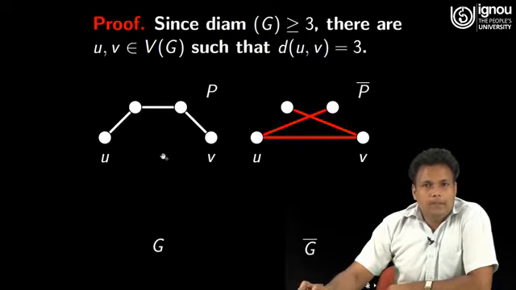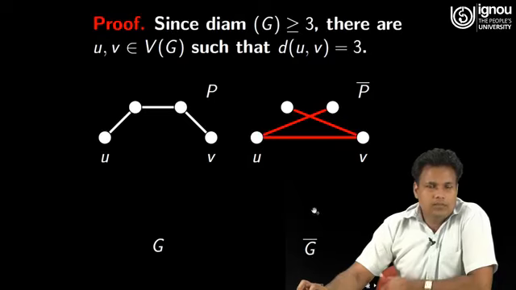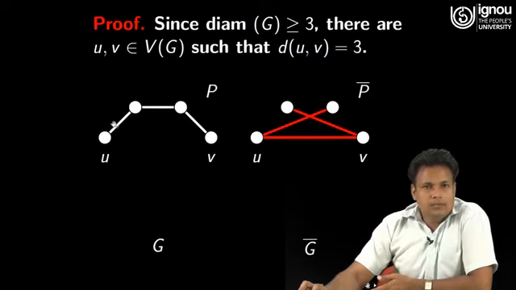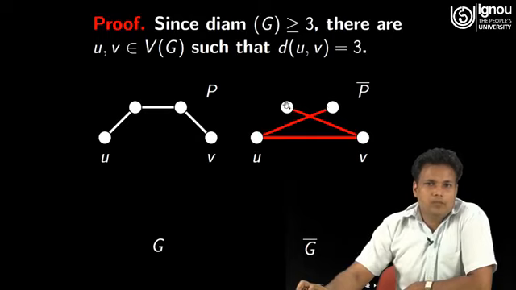Now you just pick any two vertices, say X and Y in G bar, then those vertices would also be in G, right. So if both X and Y lie on this path, then the distance between them is at most 3. We can see that any two vertices on P bar are at a distance of at most 3.